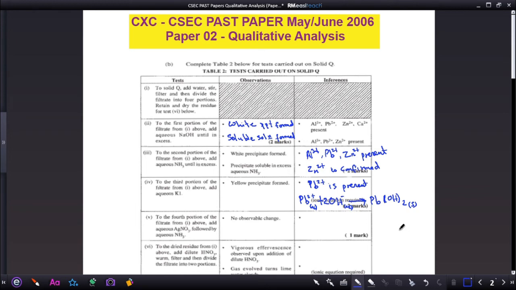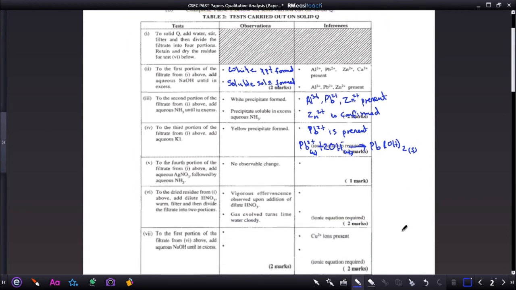Part 4, to the fourth portion of the filtrate from one above, add aqueous silver nitrate followed by aqueous ammonia. Remember, once we're adding silver nitrate, we're testing for the halides, but they said no observable reaction was present.